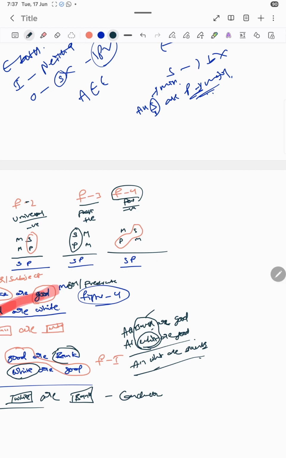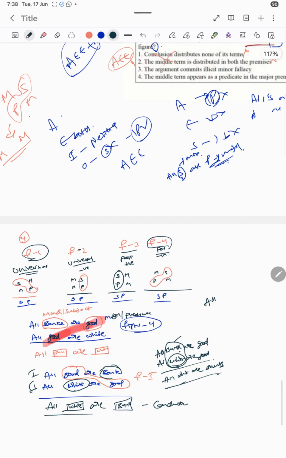And then in figure 3 also the same. Whatever subject comes in the second one will be the subject of that. Let us see figure 3 also. If you see figure 3 now, you have to think that everywhere we don't get the same statements. Everywhere you don't get all the same.